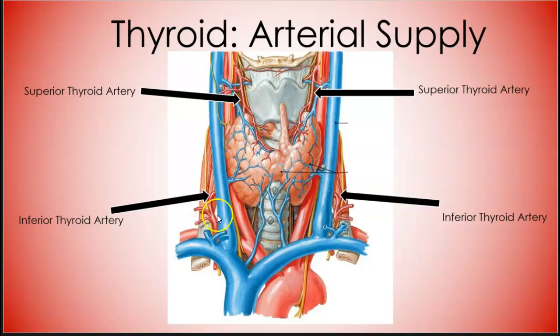The inferior thyroid arteries are going to be seen here and here, and those are going to ascend up and feed the inferior portion of the thyroid lobes, coming off the thyrocervical trunk of the subclavian arteries.